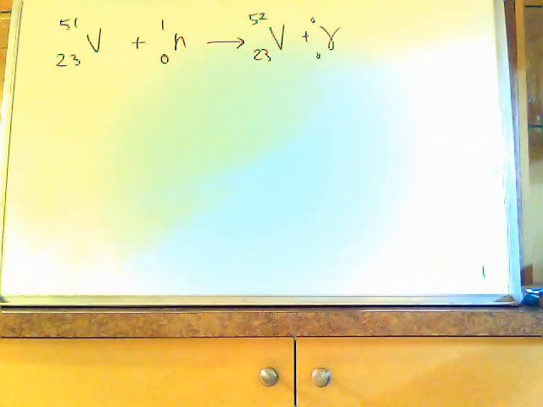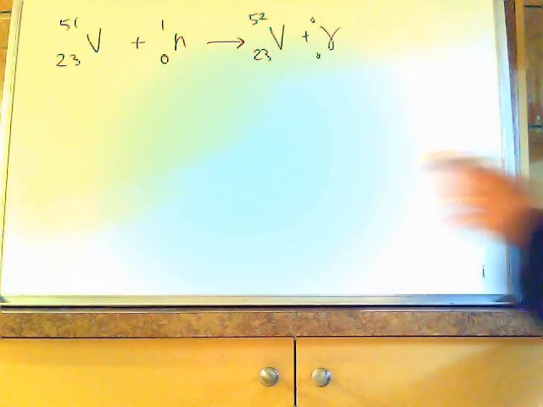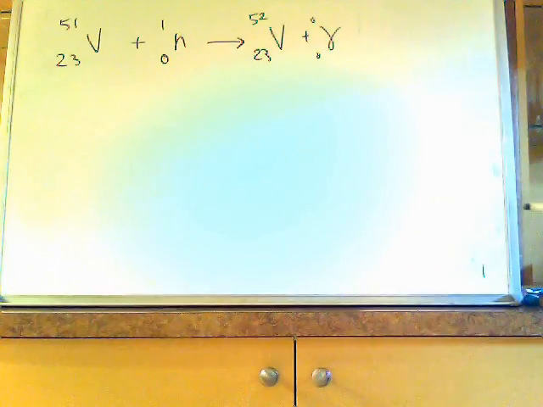Now, if we want to look at this energy value that we're going to calculate, which we call Q, the Q value is going to be equal to the difference between the energy of the reactants and the energy of the products. We're really looking at the mass of the reactants and the mass of the products.